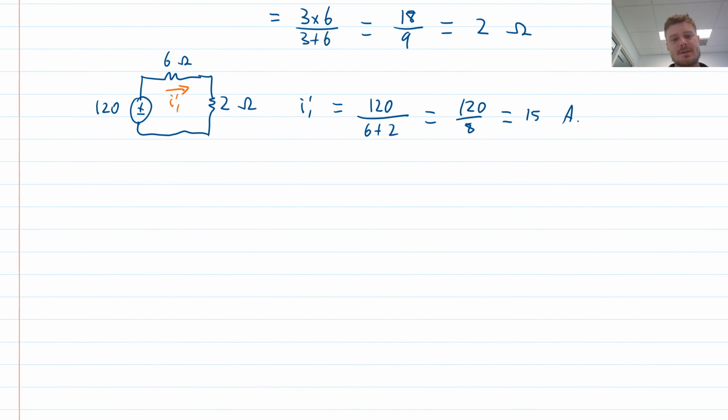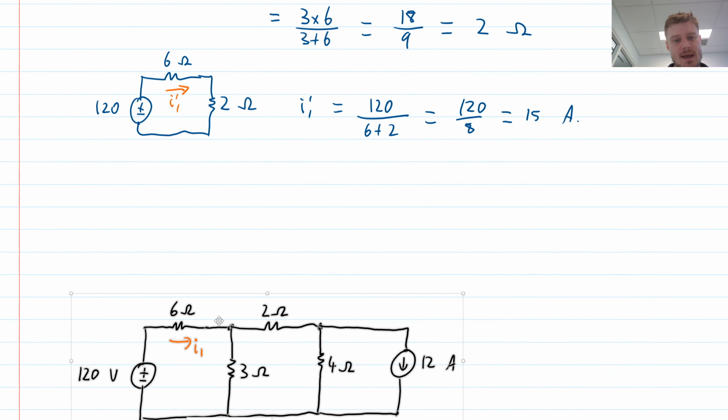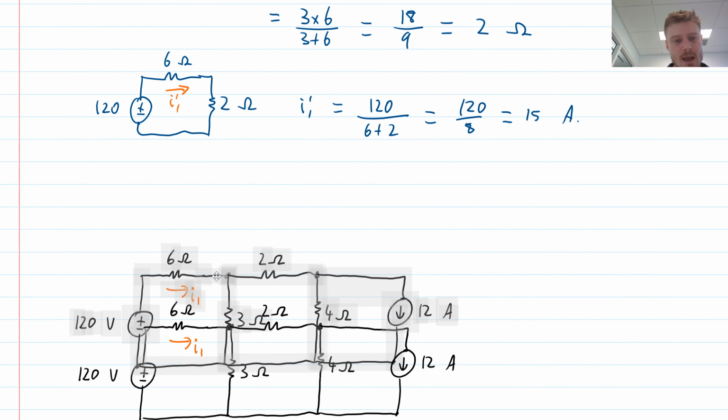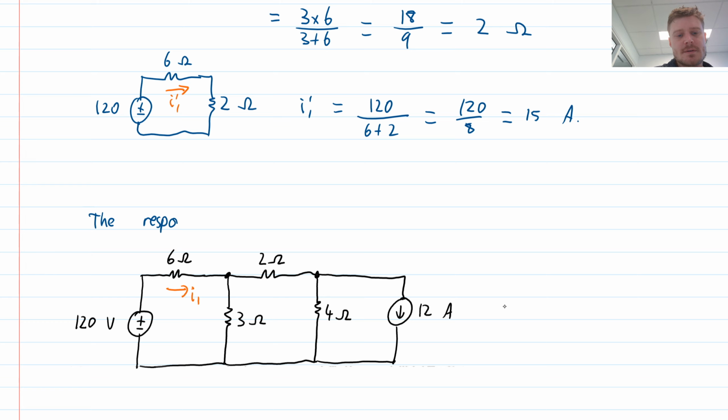For that purpose, I'm going to redraw my circuit again and evaluate just the response due to the current source. So I turn off the voltage source.